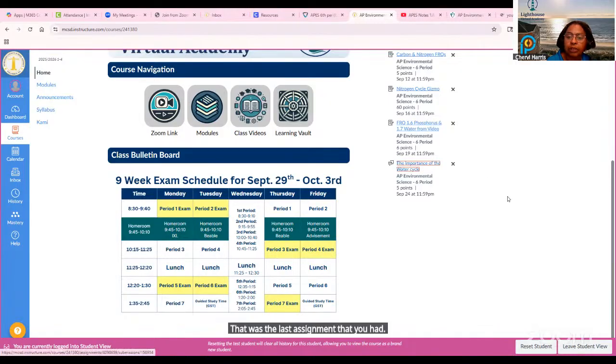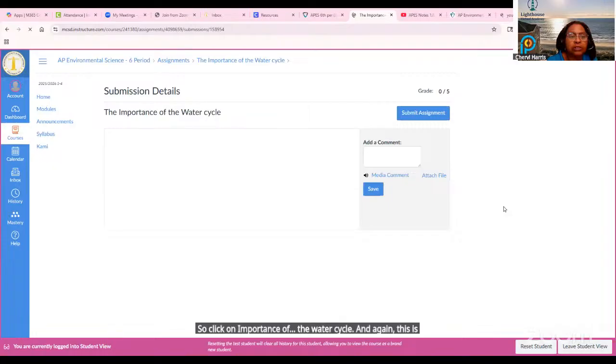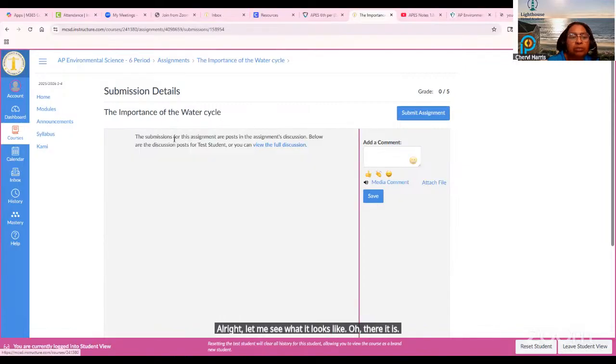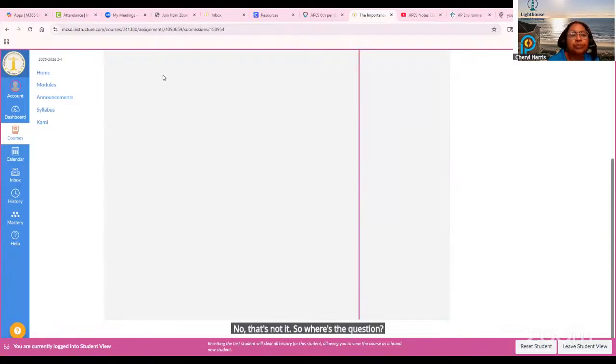So click on importance of the water cycle. And again, this is just a discussion question. Oops, it's not showing me the question. All right, let me see what it looks like. Oh, there it is. No, that's not it. So where's the question?